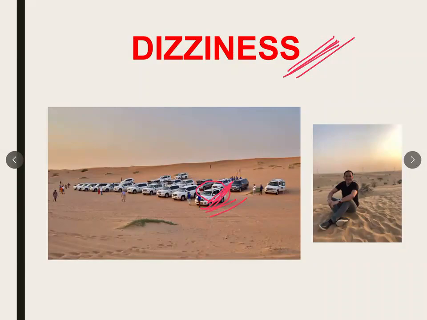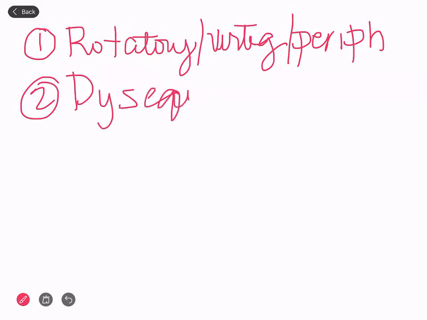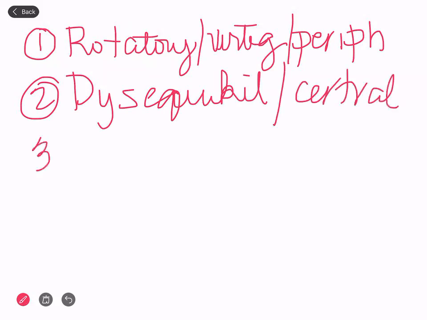Number one is rotatory or the vertiginous, or the peripheral dizziness. Number two is disequilibrium, or the feeling of imbalance, or the central type of dizziness. And number three is pre-syncope.